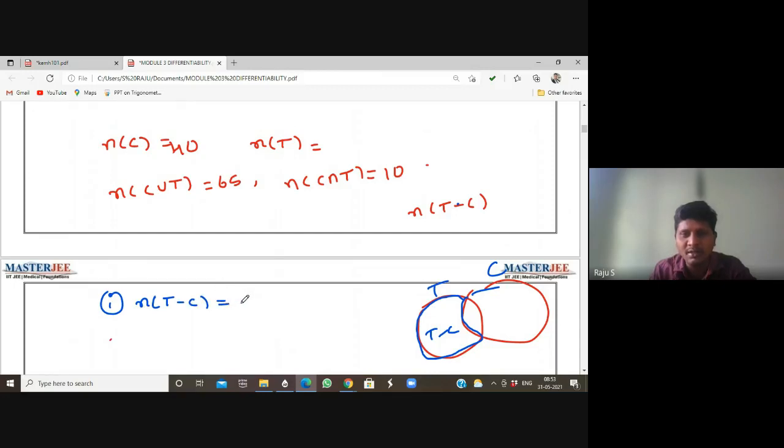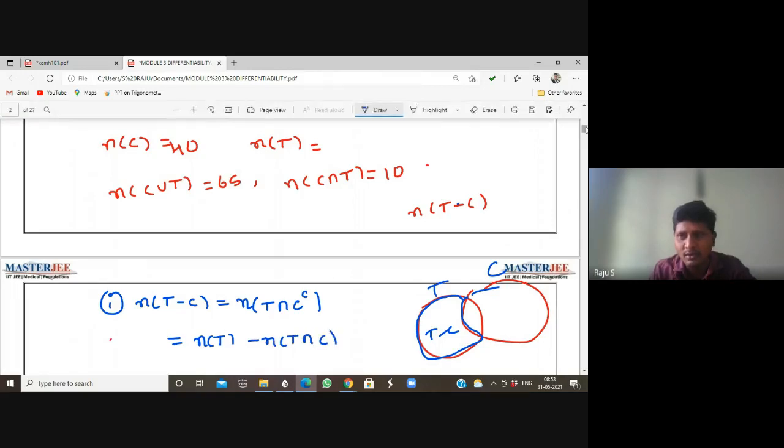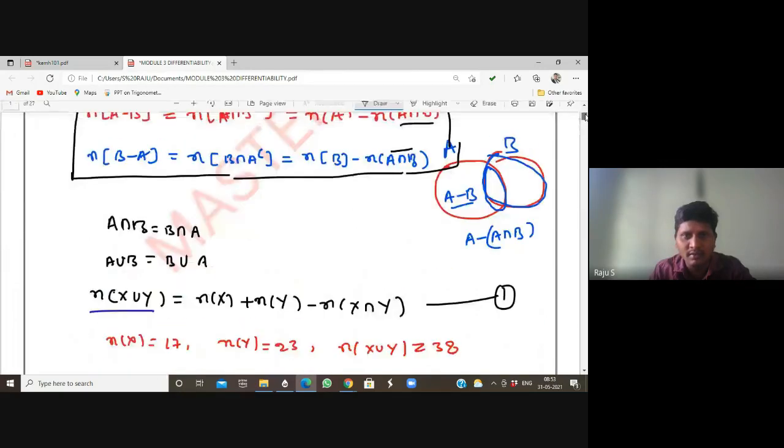T minus C, I already wrote the formula. This can be written as T intersection C complement. Am I right? This is equal to, what is the formula? Shall I write n of T minus n of T intersection C? Yes or no? Yes, sir.